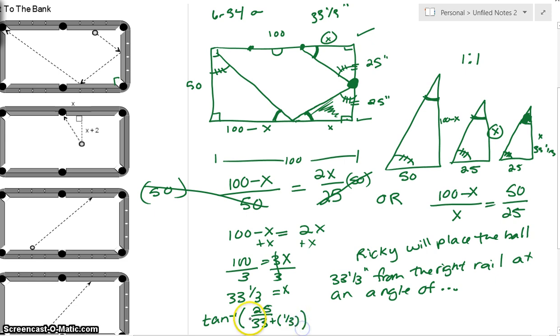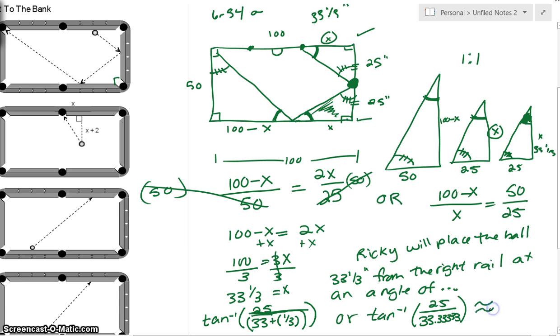And this is how I'm going to enter this in my calculator. Although I suppose I could also enter it as inverse tangent of 25 over 33 and just put a bunch of 3's after the decimal point. Either one of those will work, so go ahead and push those buttons.